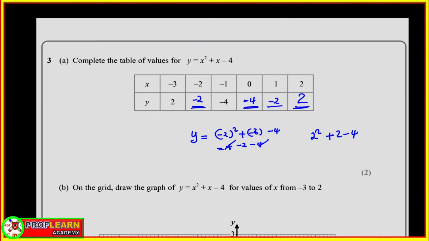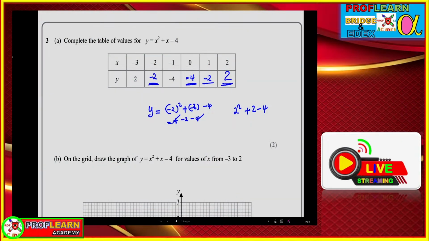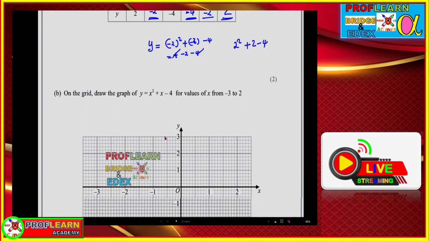So you have to ensure, guys, that you substitute the values into the quadratic that is given, so that you can complete the table properly.